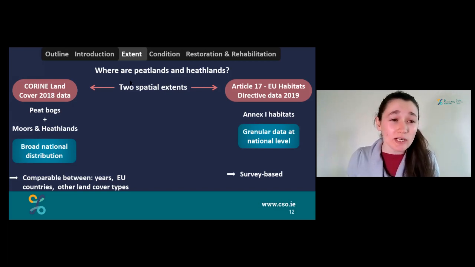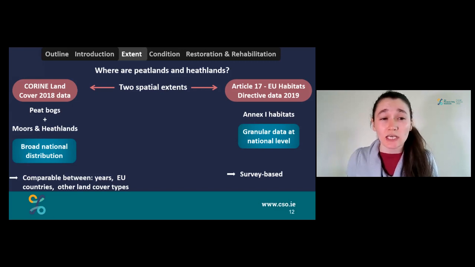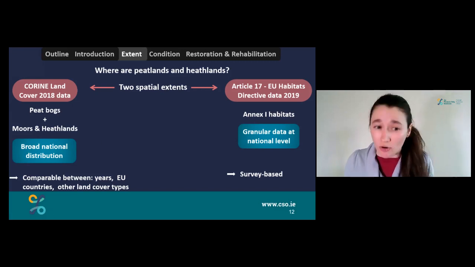And this is why we need CORINE land cover data, because we need to be sure that we have a national coverage. Moreover, it also offers a comparison between years, different European countries, and also different land cover types. And this is really important when we will need to compare between different ecosystem accounts.